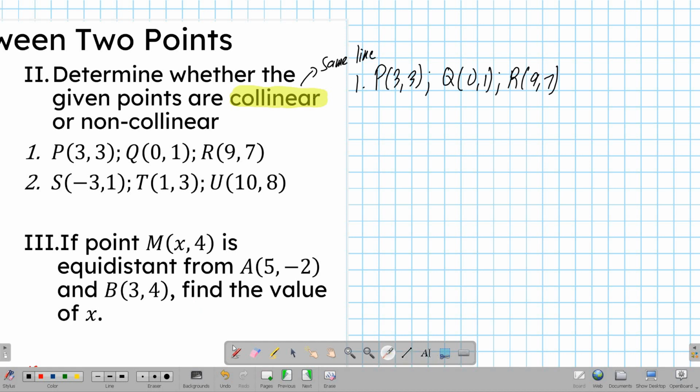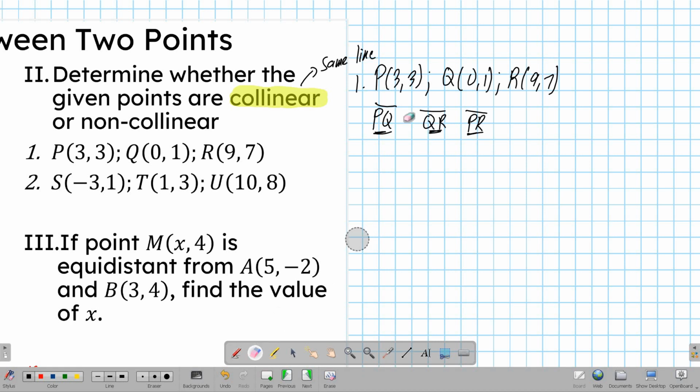In any combination, if we have line segment PQ, line segment QR, and line segment PR, and we find their distances, and two of them, when combined, give the measure of the third line segment, then that means the 3 points are collinear. So let's first find the distances of line segments PQ, QR, and PR.